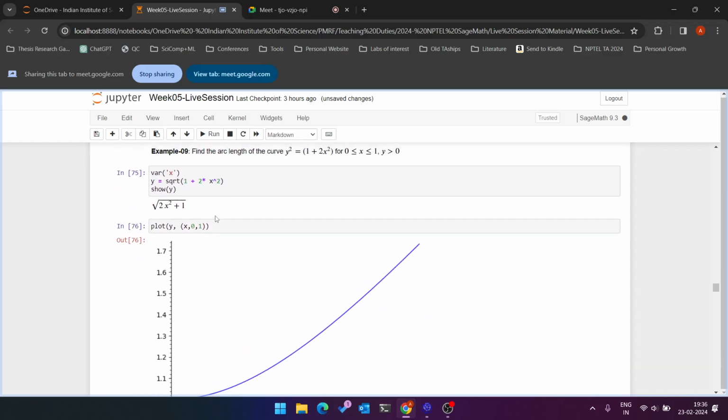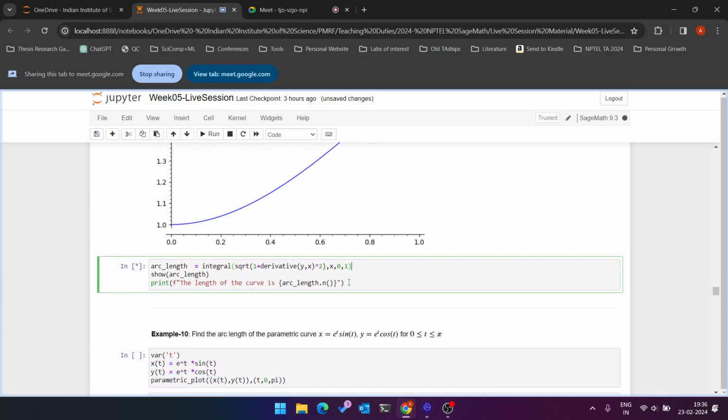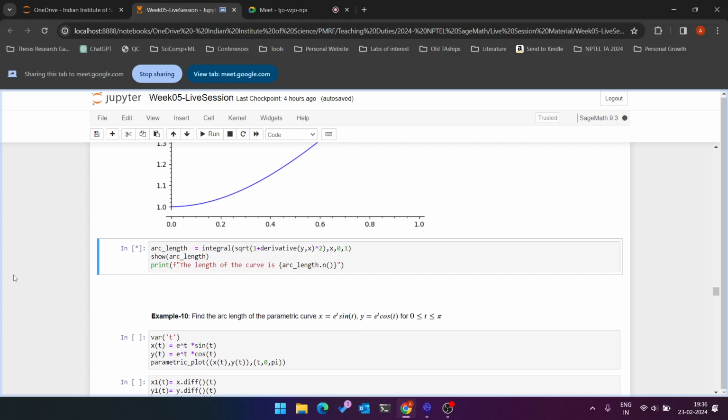And then we calculate again the arc length by doing an integral over the square root of 1 plus dy by dx whole square. Okay, for our chosen range, I think this is the one that takes a moment. We'll wait for a moment for this to calculate.